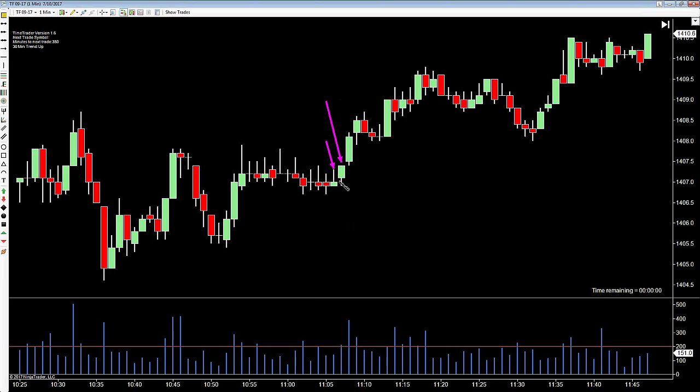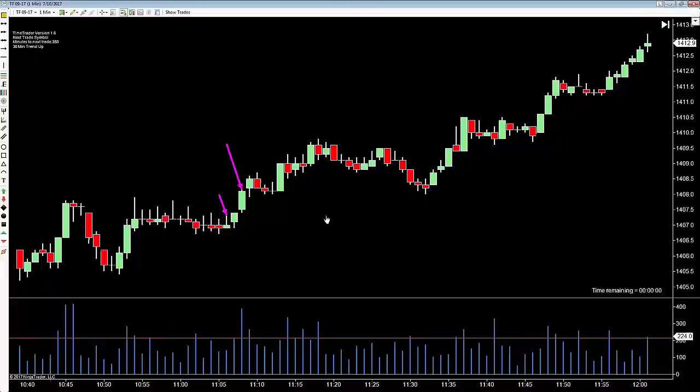I'm not going to go for that. If that volume spike was here, that's where I would be liking it more. But that volume spike would have to be 200. The thing is, it's not.